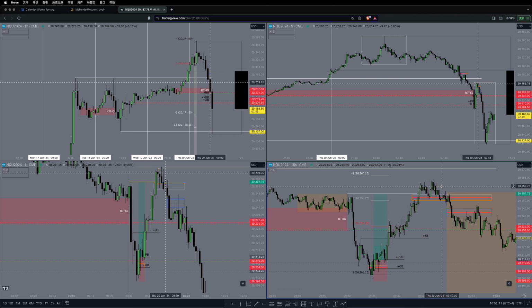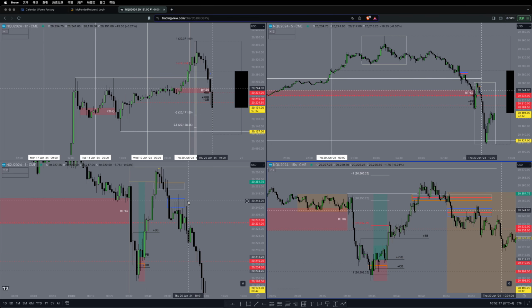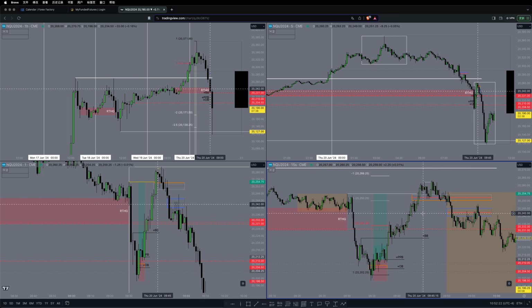Then the price dropped even more. Fair value gap, 1 minute as well. And then I saw this breaker. This breaker is good. Why?